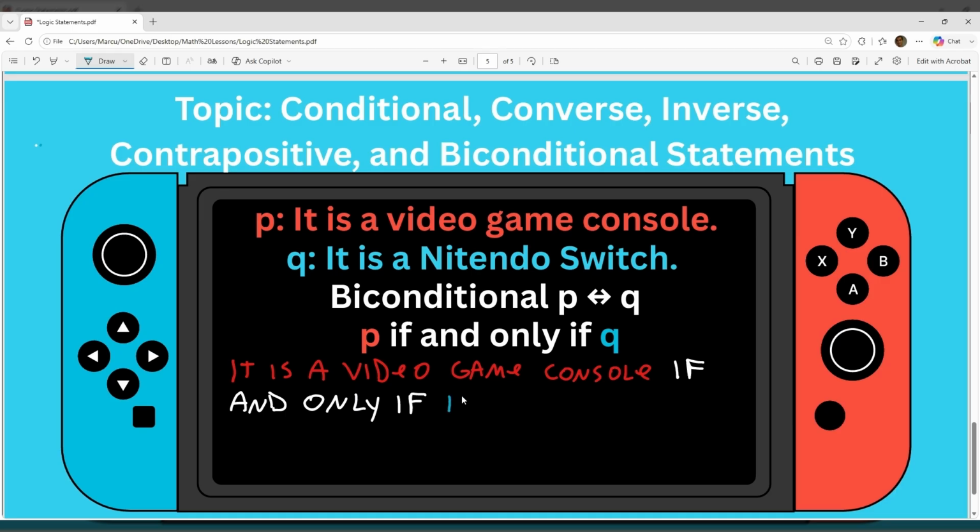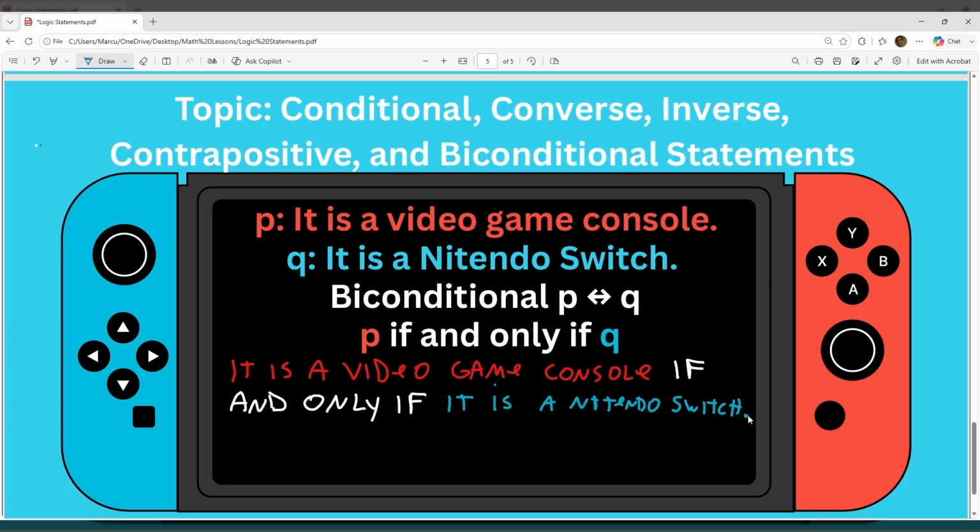It is a Nintendo Switch. So it is a video game console if and only if it is a Nintendo Switch.